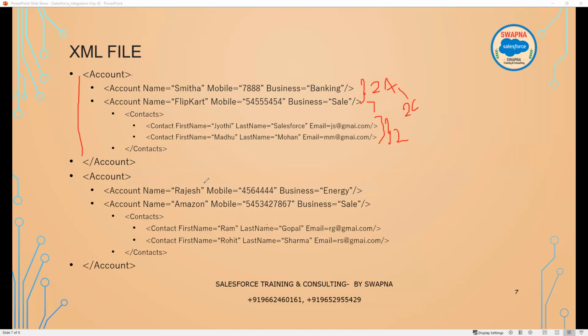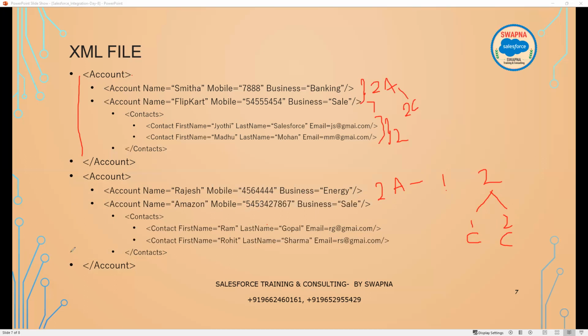Similarly, in another account, the second account has 2 contacts. And this is the data. This is how you will get it. Now, it might differ from developer to developer.